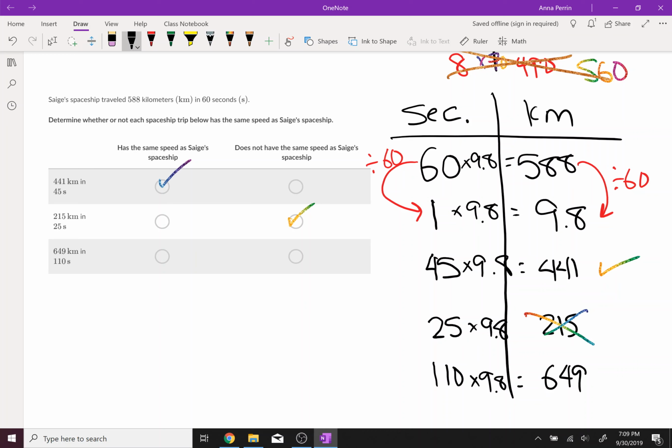That gives me 1078. Definitely not correct over here. So that means that this spaceship is traveling at a different speed because it has a different value that is taking us across the table. 9 8/10 didn't work for us here.